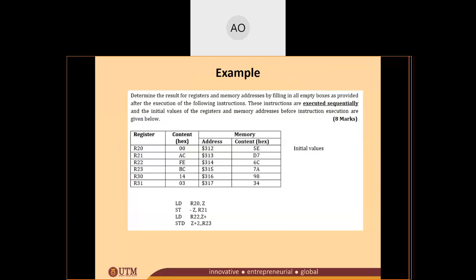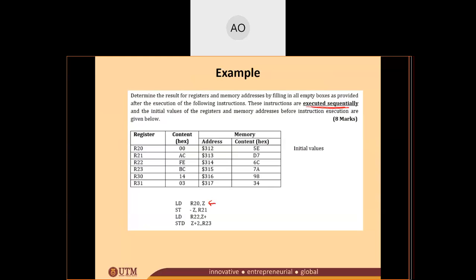These instructions are executed sequentially. What does executed sequentially mean? Any value that changes from the previous instruction will be used in the next instruction. That is executed sequentially.